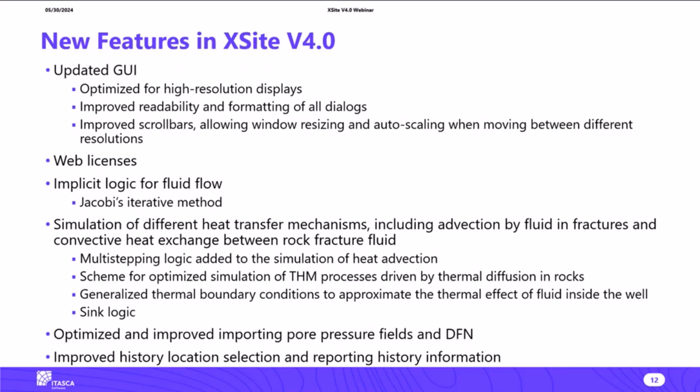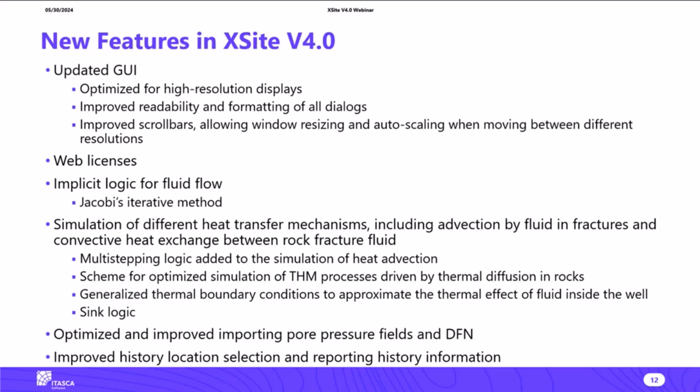We implemented a scheme for optimized simulation of THM processes driven by thermal diffusion in rock. So with this scheme, we can actually use the code to simulate the long-term processes of fluid circulation for months or years, which are very relevant for the production phase of geothermal projects.